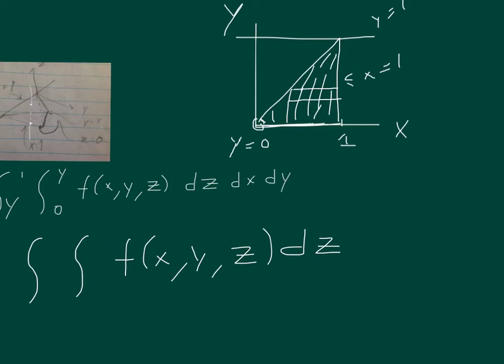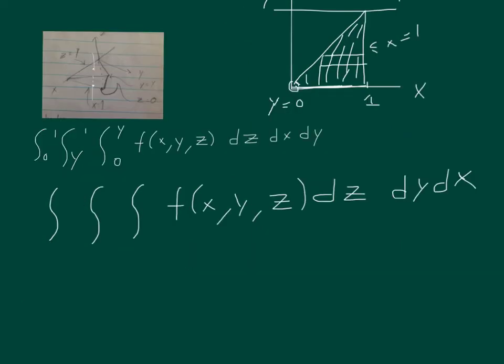So this will be dz. As I've stated before, your limits for your inner variable will remain exactly the same. So that will range from 0 to y. So that will stay exactly the same. 0, y. And so we've switched around dy and dx.